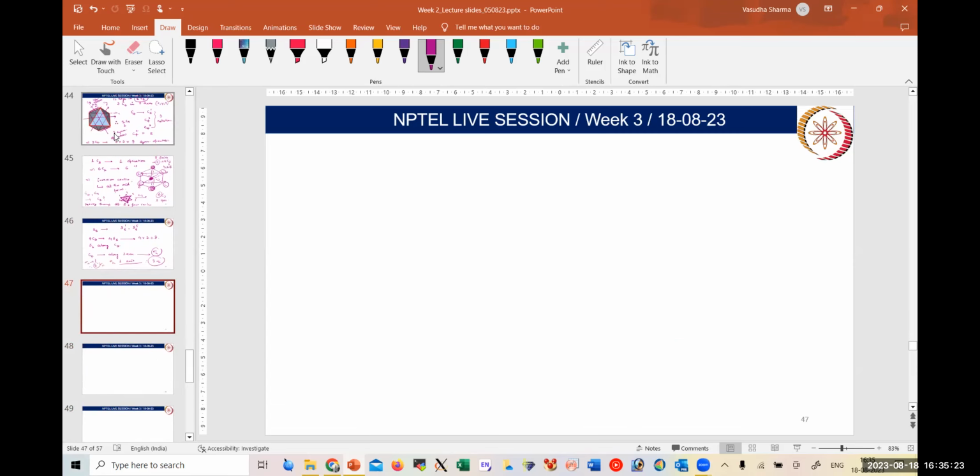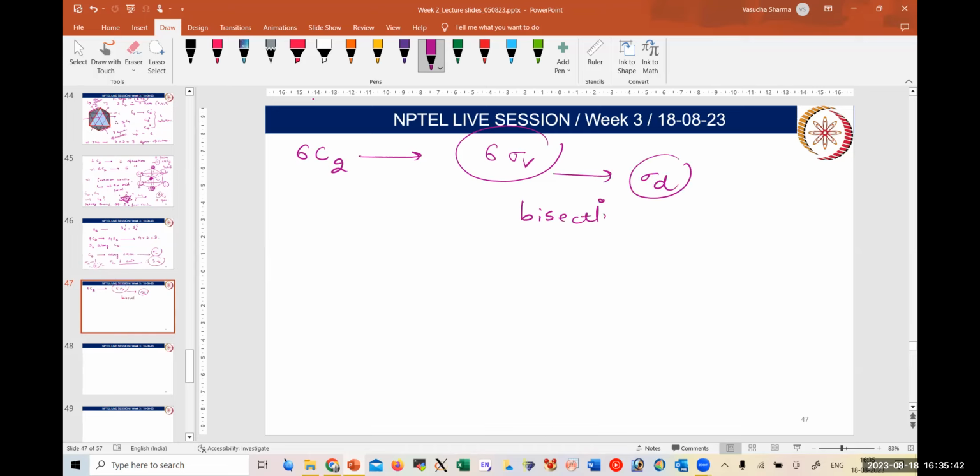Then we saw that since 6 C2s are there, that is reflecting, there could be 6 sigma V. But these sigma V's are actually the sigma D's, because that is bisecting two vertices and reflecting 4 vertices.